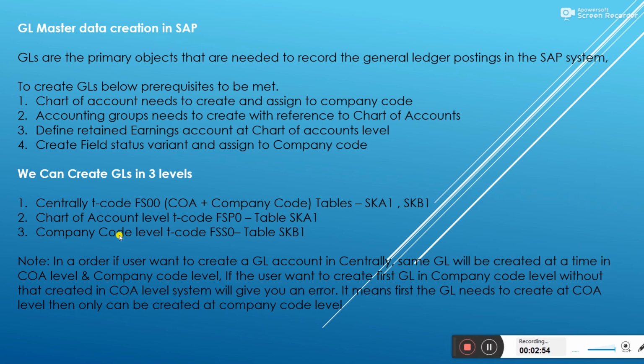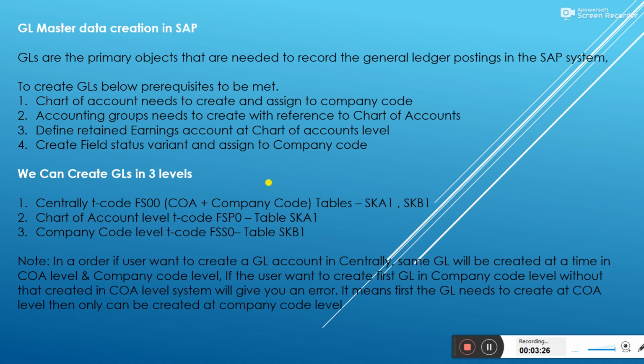Now coming to the creation part, a GL account can be created in three ways. It is up to you which way you will choose. Centrally means the GL account will be created automatically at your chart of accounts level and your company code level. To create centrally we use the T-code FS00. As everybody knows, in SAP all the data is saved in tables in the database.